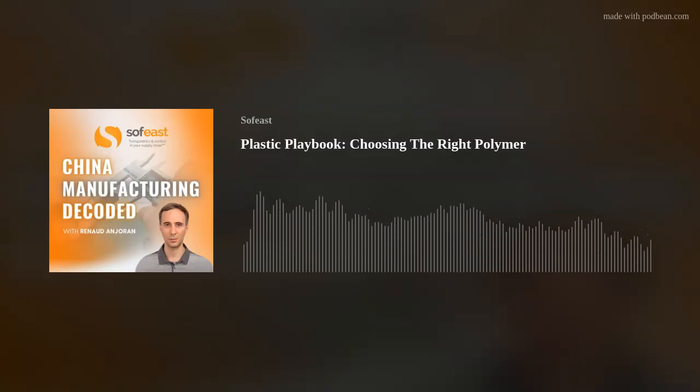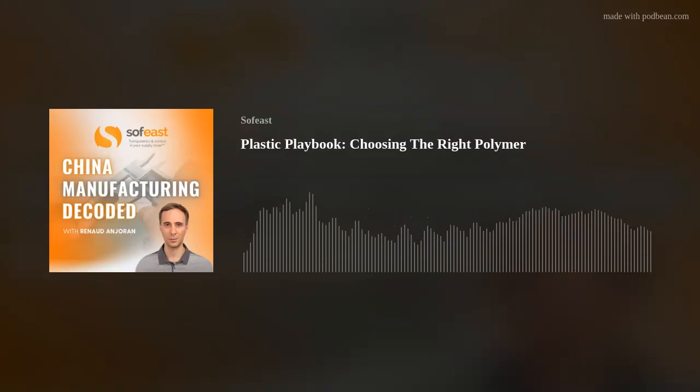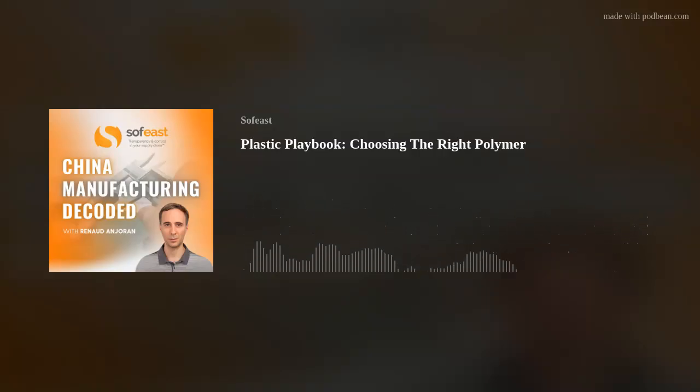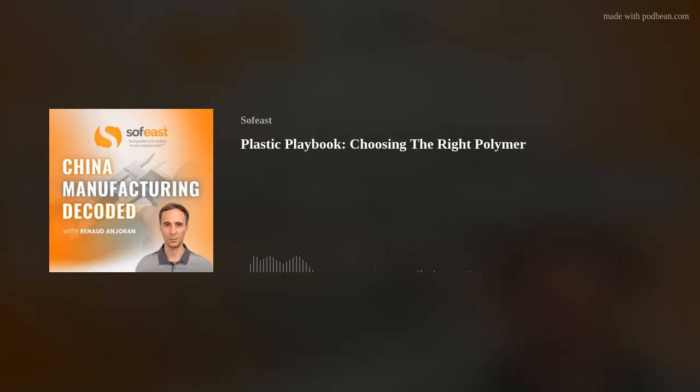Some of what we talked about earlier, the PLAs, are they commonly available in every single country, in every single town? Potentially not. You need to consider all of these aspects. Sustainability. Do you really need that PLA with the coconut fibers? Maybe you do. So all of these aspects are not one polymer fits all. That is far from the truth.